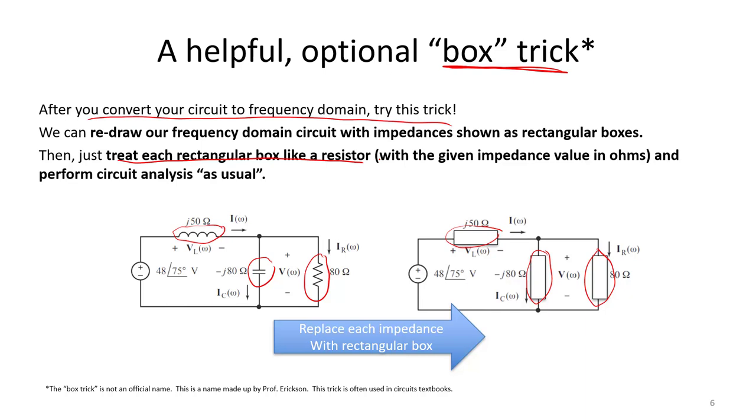So you do not have to use this box trick, but for me personally, I find it unintuitive to combine inductors, capacitors, and resistors together. For me, it's a lot easier to combine them if they all look like boxes. So please use the box trick if you find it helpful.